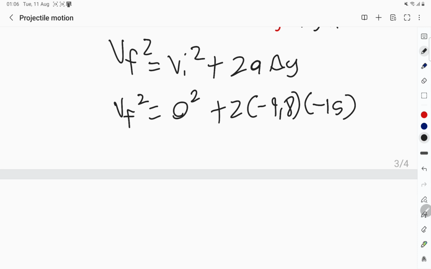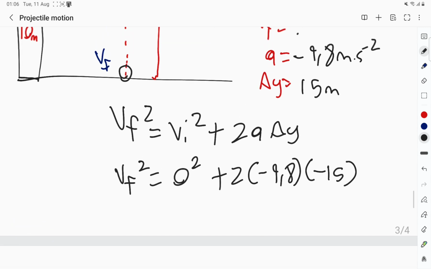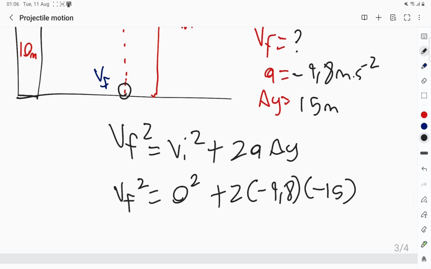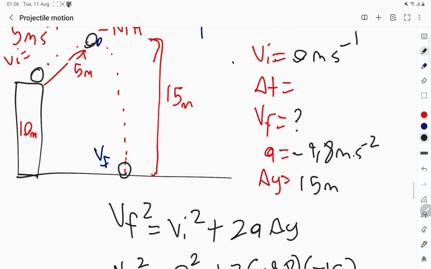If this ball was thrown from downwards, starting downwards and going up, then I would keep my distance as positive. For example, say I have the distance from the building to the maximum height, and I wanted to calculate the time from the initial state to the maximum height.